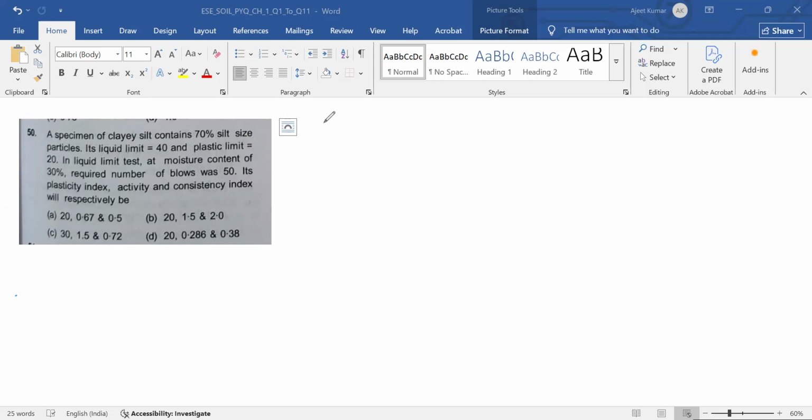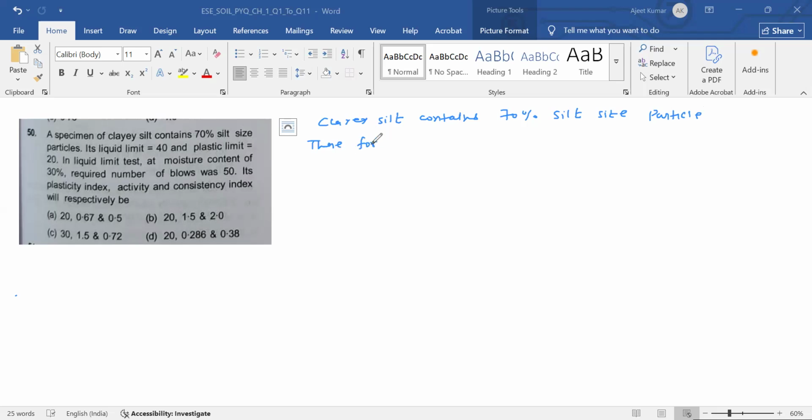Clay silt contains 70% silt size particles.